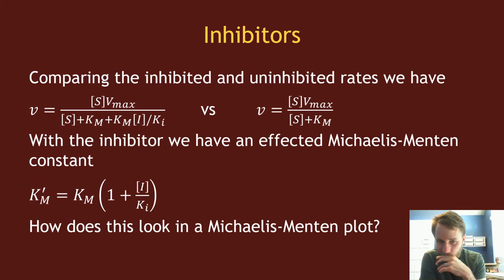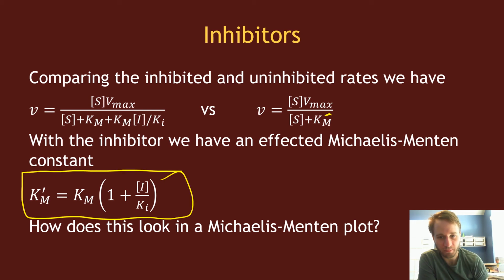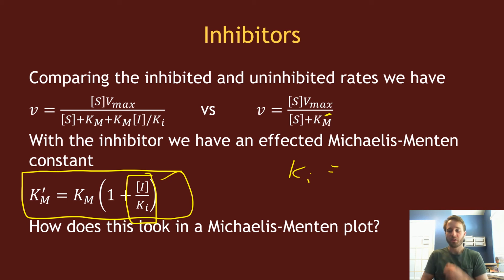And so how that inhibitor affects things is you can almost write the inhibitor expression with the Km prime, where Km prime is the original Km, the Michaelis-Menten constant, which is related to the binding of the substrate to the enzyme, how strongly it binds, plus this ratio here, which is the concentration of the inhibitor divided by its equilibrium constant Ki. Ki is related to the strength that it binds to the enzyme, and to the ratio of the enzyme-inhibitor complex to the enzyme and the inhibitor.